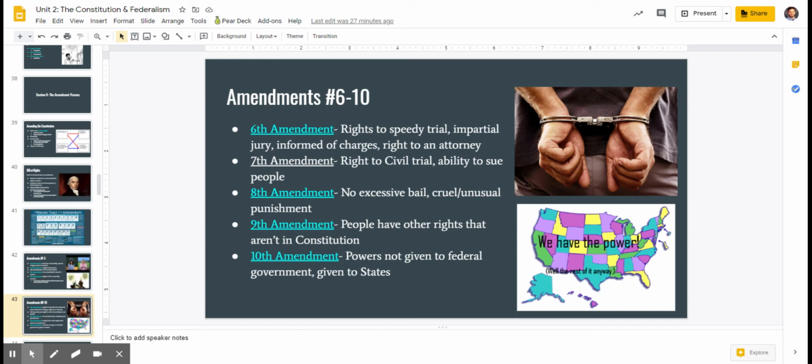And all right, so we're moving on now to you have been convicted, all right, in the Eighth Amendment. What freedoms or protections do you still have? Eighth Amendment says no excessive bail. When you're being held, let's say you're speeding, right? They don't set $1 million bail for speeding, right?